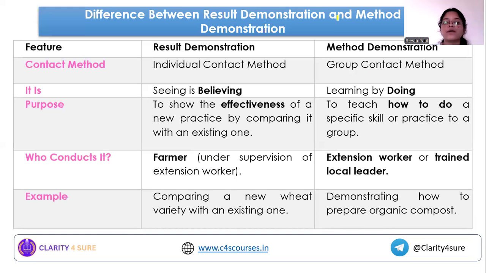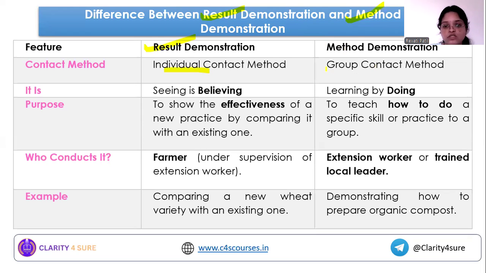So yes, we've seen result demonstration, we've seen method demonstration. We know these concepts are really important for examinations. In different years, questions were asked in your exams. But we are confused between result demonstration and method demonstration. Let's clear that confusion today. Result demonstration is an individual contact method.